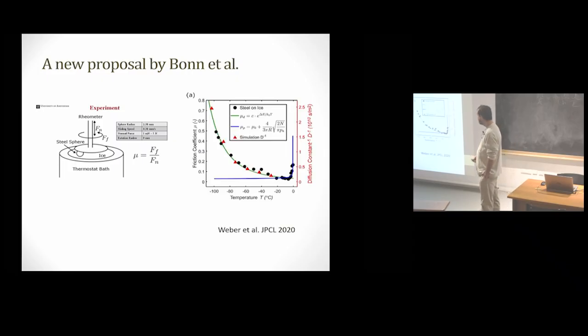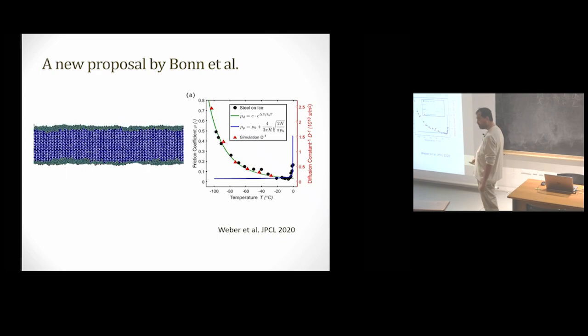Okay? And Bonn found this curve. Okay? It's the friction coefficient as a function of temperature. And it has a non-monotonous behavior. And he could explain this non-monotonous behavior by two completely different mechanisms. At low temperature, what we see is that the friction coefficient decreases with temperature. And what he found is that this temperature dependence correlates perfectly with computer simulations that were performed.